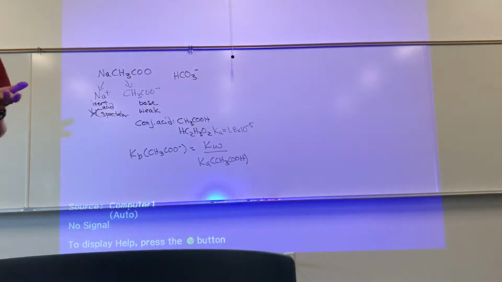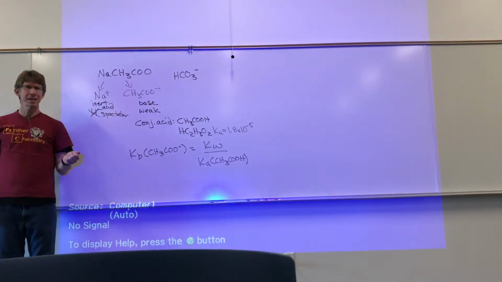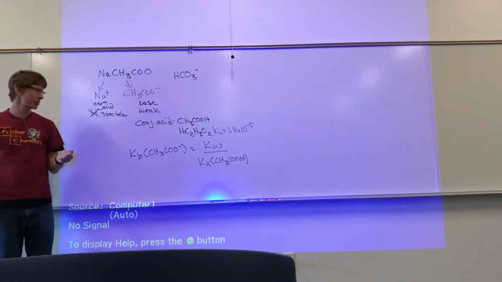What's the value of Kw? 1.0 times 10 to the minus 14. Must know that. Is that on your conversion equation sheet? I don't know, we just use it so often that either we memorize it or we make sure it's on the sheet.